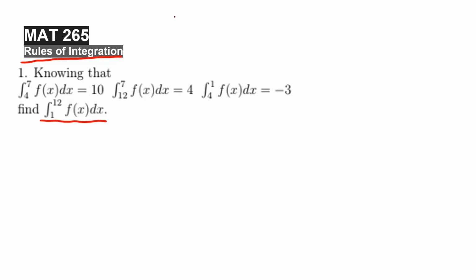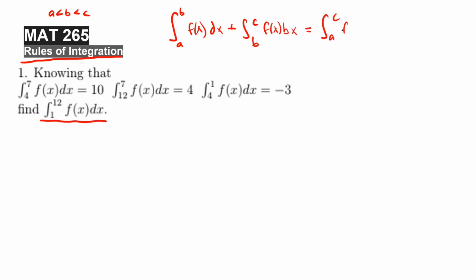So I'm going to write the rule over here, and I'll use placeholders a and b, where a is less than b is less than c, of some f of x dx plus the integral from b to c of some f of x dx, for example, is equal to the integral from a to c for some f of x dx, right? So that's one property we know of.